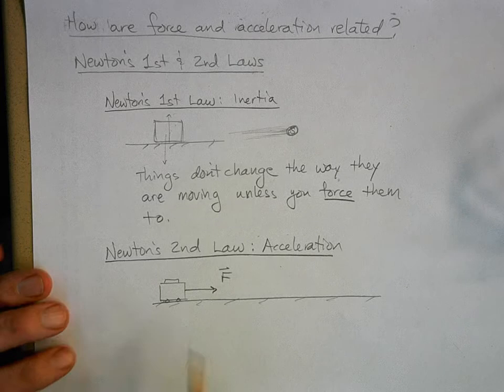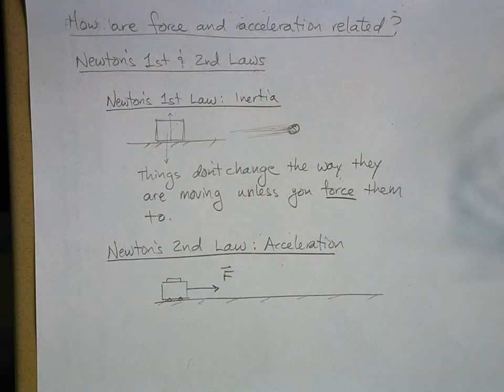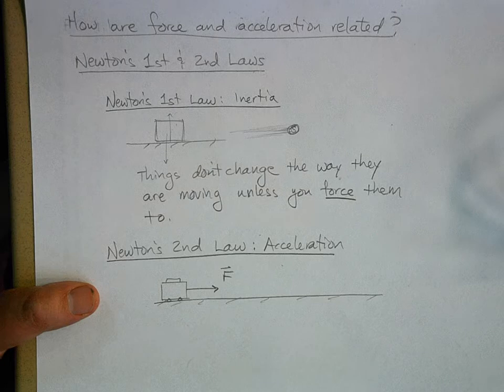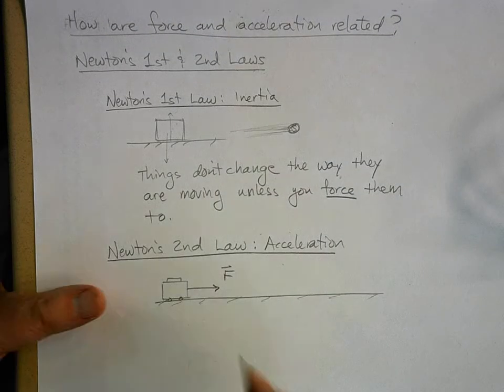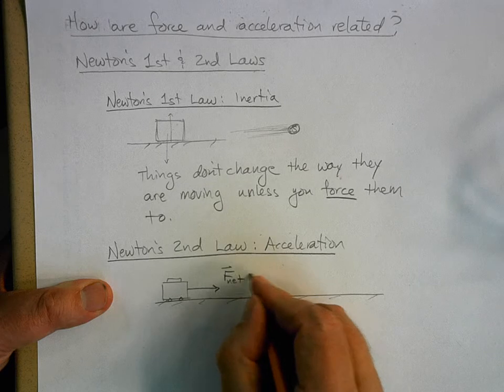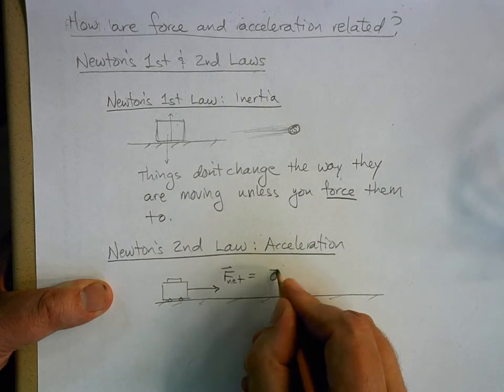So what's this crate going to do? What's this little car going to do? It's going to accelerate. It's going to change. We're going to change its motion. And we call changing motion acceleration. If a force is not canceled out by anything, we're going to call this the net force. And the net force will cause this object to accelerate.